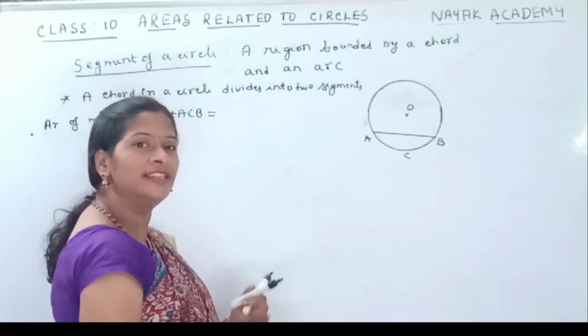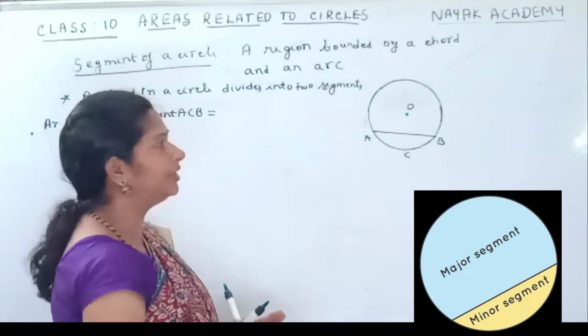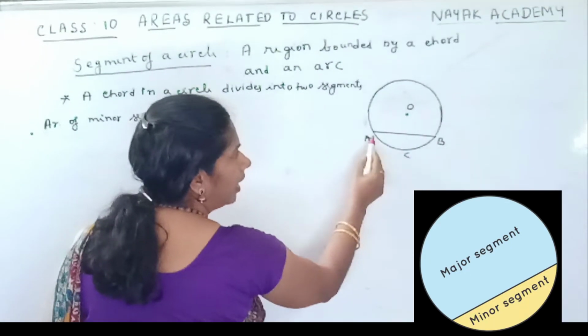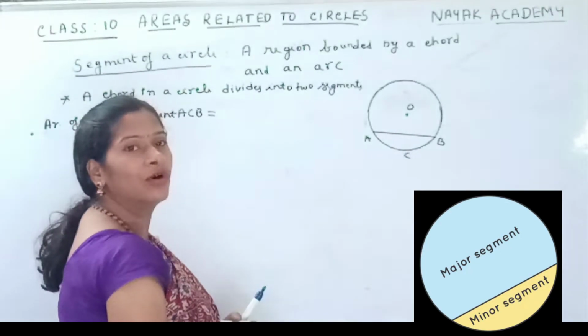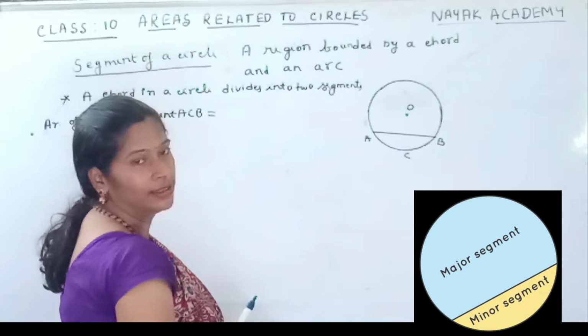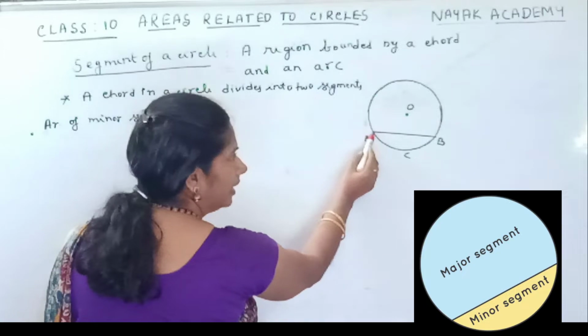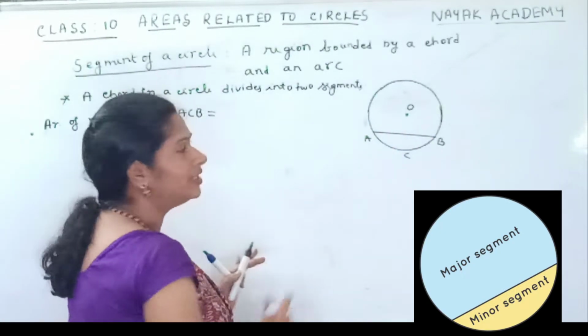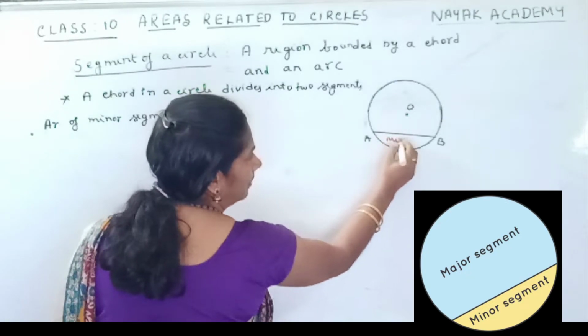Now let us learn segment of a circle. What do you mean by segment of a circle? A region bounded by a chord and an arc is called segment of a circle. A region bounded by a chord and minor arc is called minor segment.